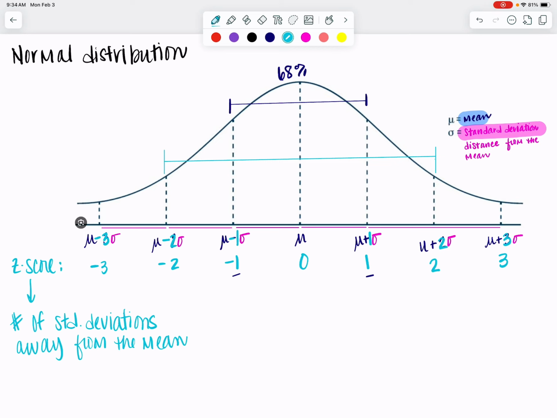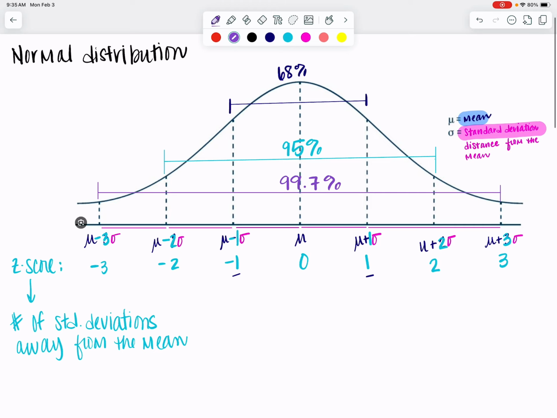We have 95% of the data between a z-score of -2 and +2. And we have 99.7% of the data falling between -3 and +3 z-scores.